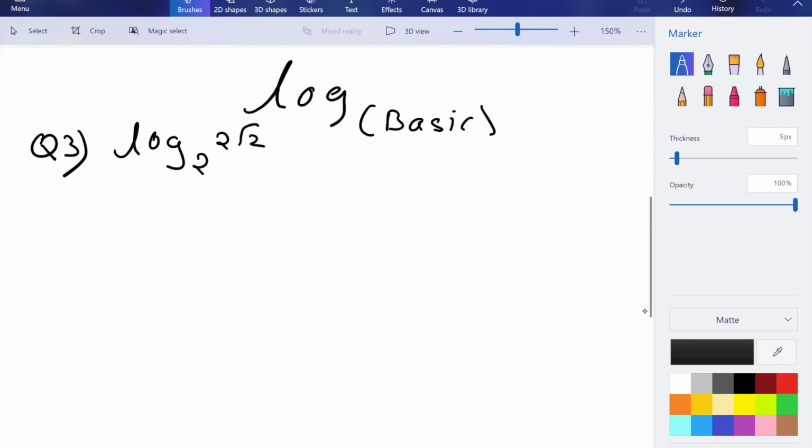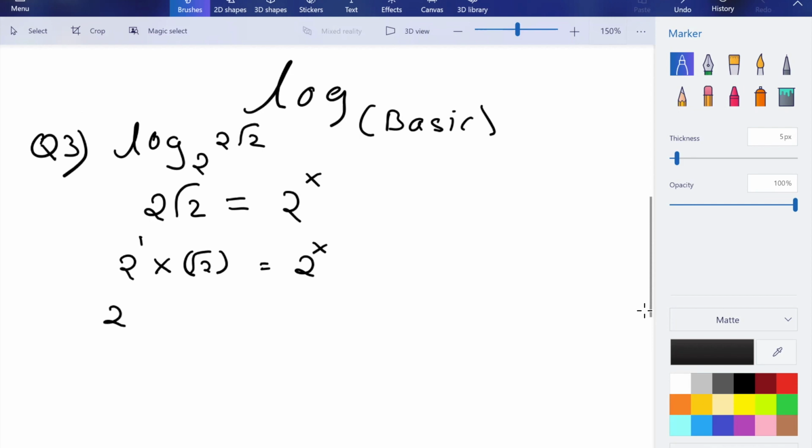For solving this, let's again convert this first into the exponential form. 2 root 2, which will become the argument in exponential form, is equal to 2, which is the base, raised to x. Now let's split this 2 root 2: 2 raised to 1 into root 2 is equal to 2 raised to x. Now this root 2 can be represented as 2 raised to 1 by 2.